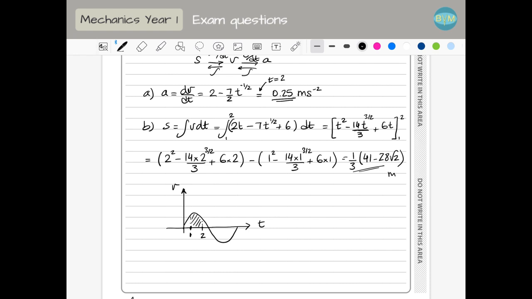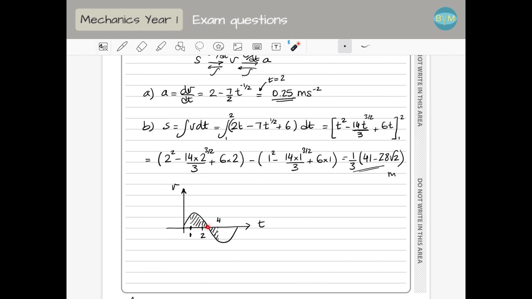But if you are finding, for example, between 1 and 4, and you integrate, remember what is below the x-axis is going to be negative. So when you find the distance between t1 and t4 in this type of graph, you're going to get a smaller answer than you should, because this bit is going to subtract from this bit.